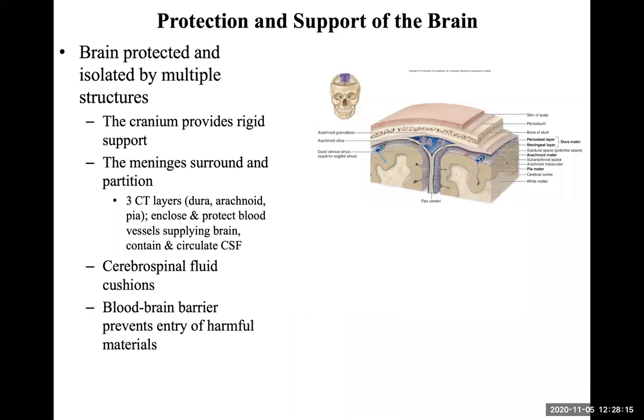Okay, so the meningeal layers. The brain itself is, of course, encased by bony tissue, and we call that bony tissue the cranium. And there are tremendous benefits to having a bony encasement.